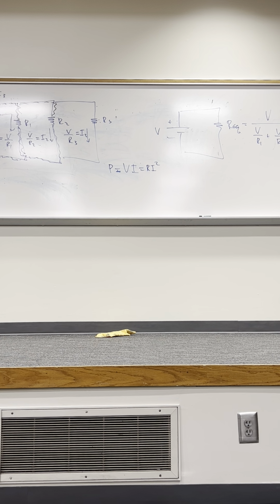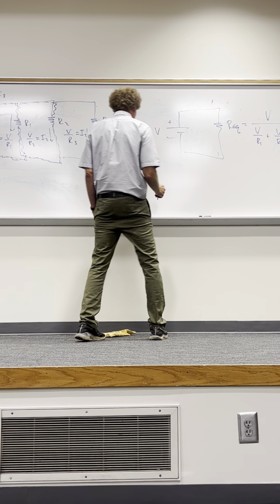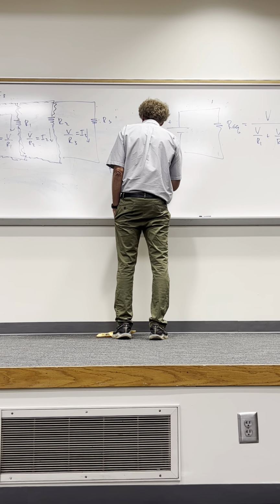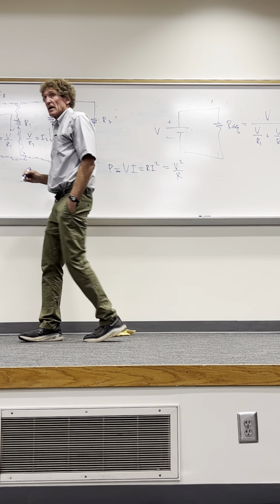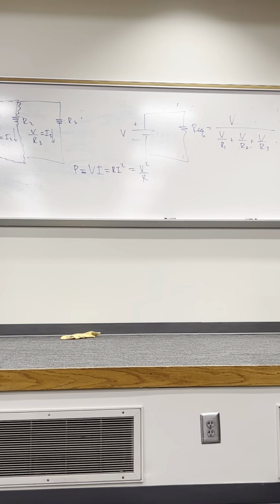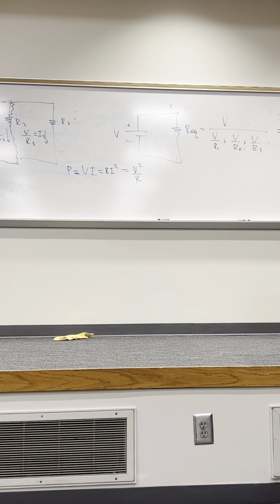Obviously, I squared means the power is proportional to the square of the current for a given resistance. But if I say that I is V over R, then I get V squared over R. Can you all see that? All those are identical in what they're telling you.